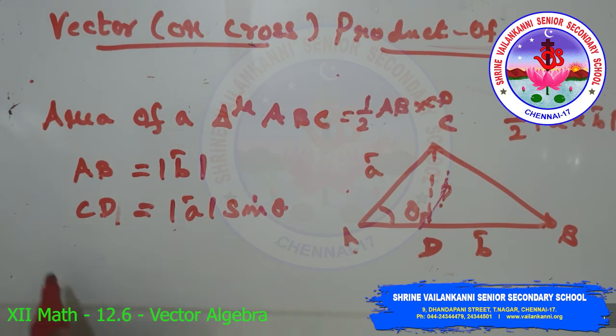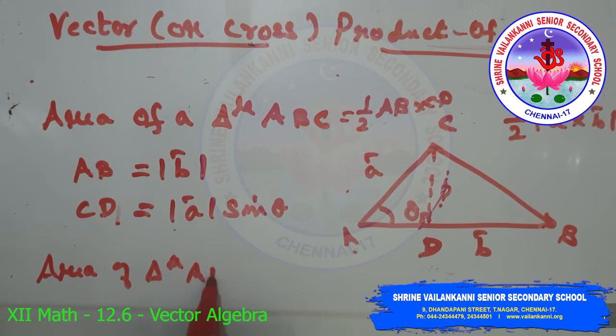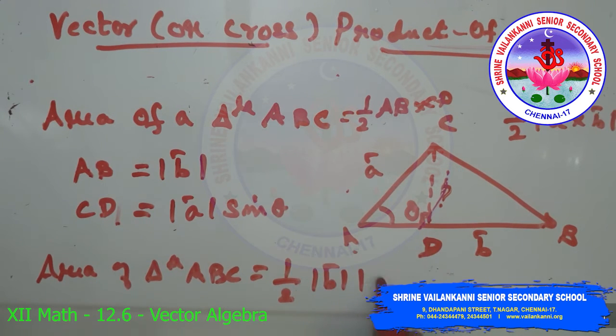So area of triangle ABC is equal to half of base B and height A sin theta, which is nothing but half of A cross B.